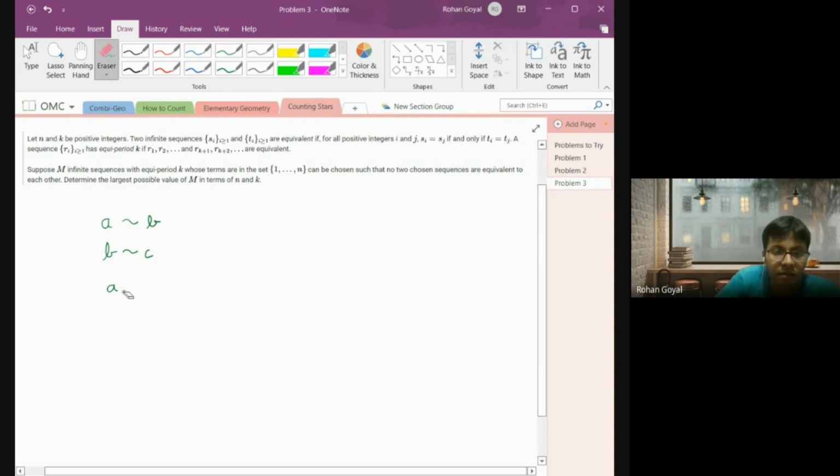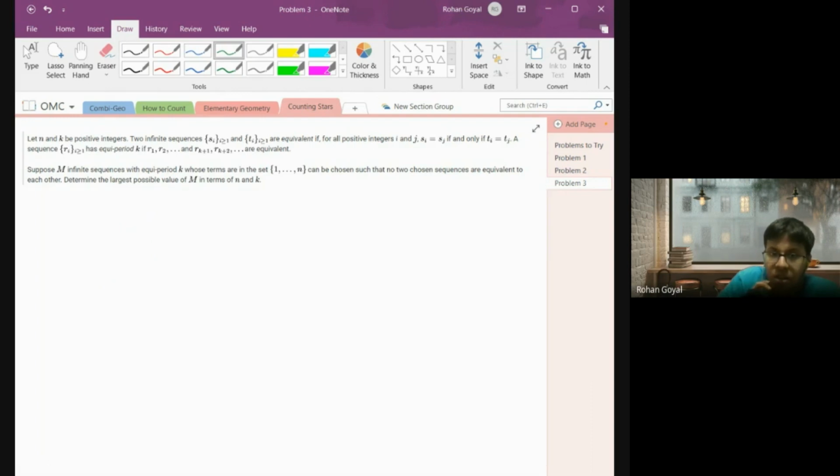So now let's try to make sense of the question. Suppose M infinite sequences with equiperiod K. Do you understand what equiperiod K is? Yeah. So that no two sequences are equivalent to one another, right?